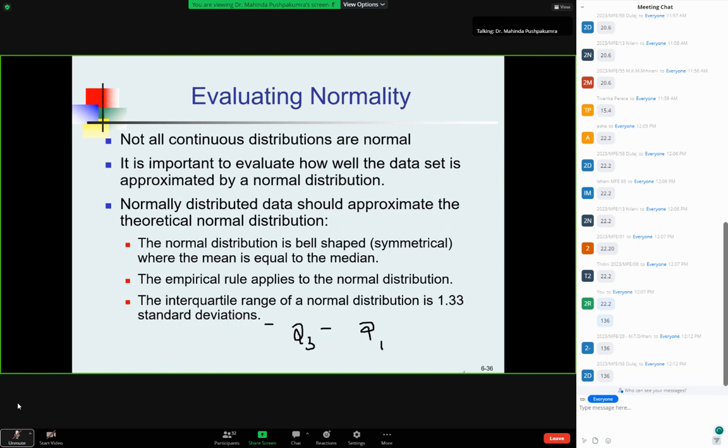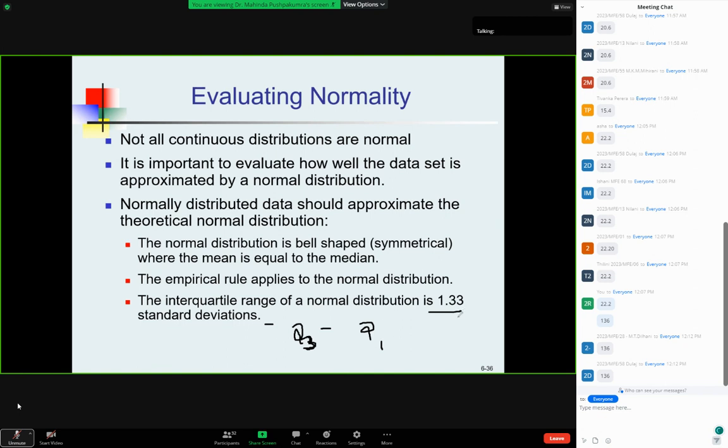If the distribution is normal, the interquartile range should be 1.3 standard deviations.